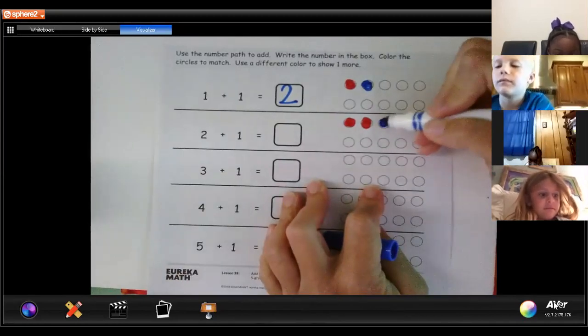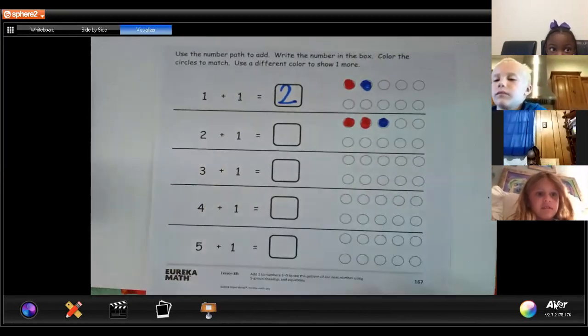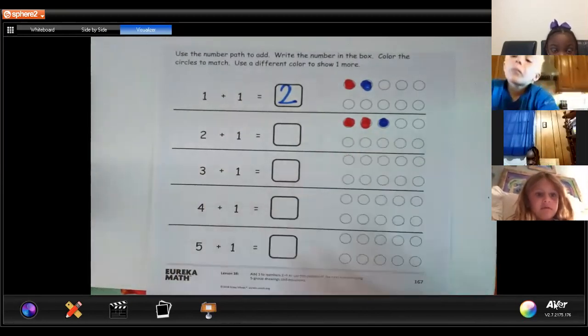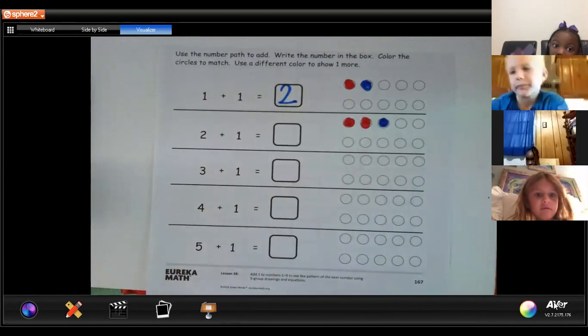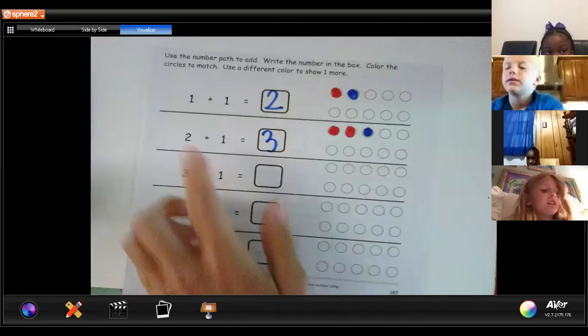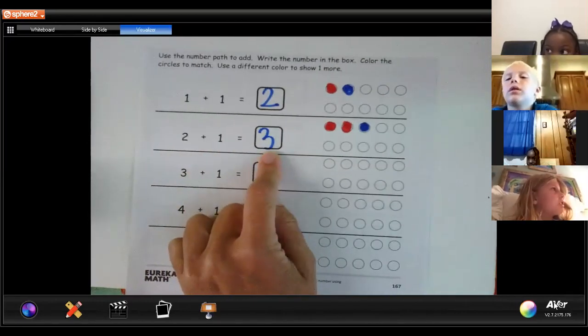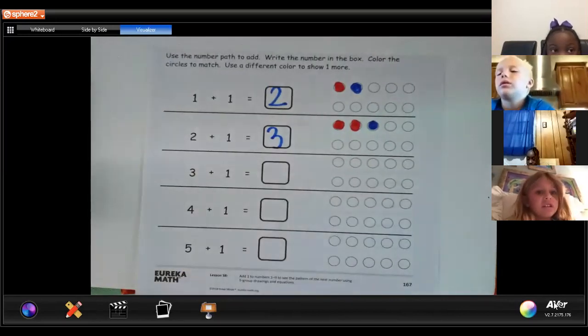How many more? We're going to color 1 more. Now how many do we have colored all together? 3. So 2 plus 1 equals 3. We're going to do 1 more.